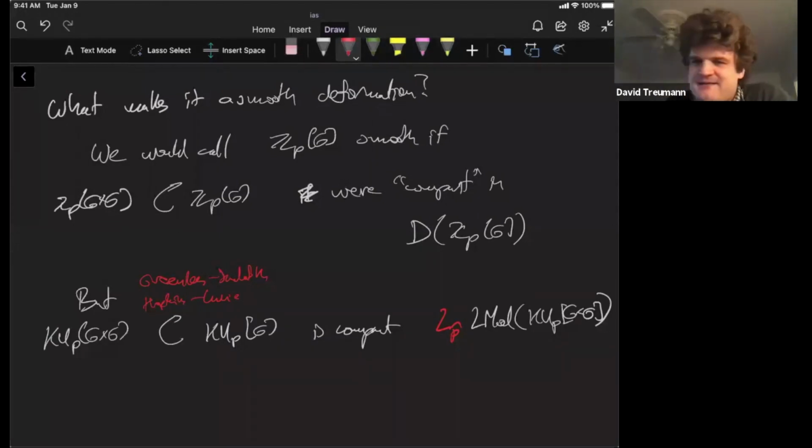And they act in different ways on different homotopy groups. And I don't know. That's the only thing I can think to say.